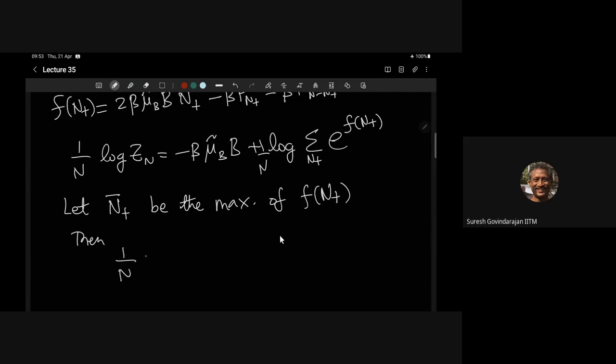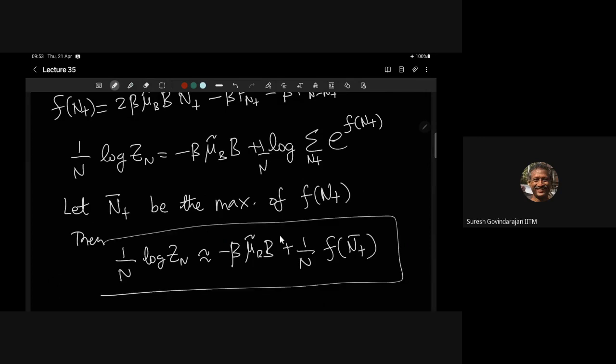We'll say 1 by n log Zn is approximately equal to, so the summation I'll just replace by a single term f of n plus bar. We haven't determined the n plus bar yet. So that's what we get.